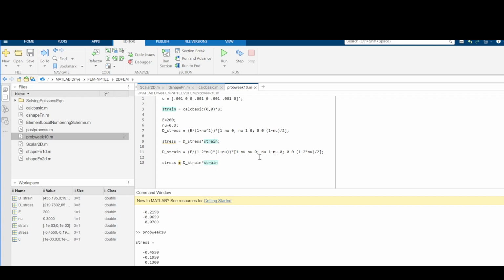So changed values. All right. So we have done these two problems here.